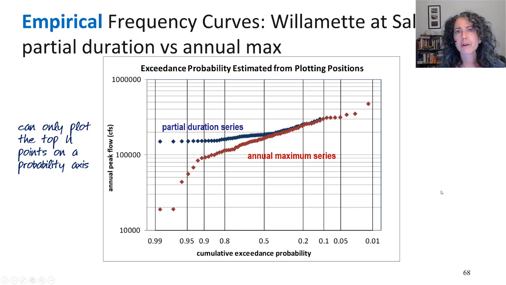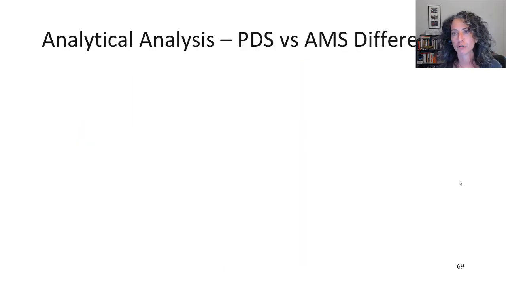So what I've showed here is an empirical or graphical analysis of the partial duration series versus the annual maximum series. We're going to have a much more detailed coverage of this topic with Greg on Wednesday within the extreme value lecture, and he'll cover doing an analytical analysis of the partial duration series.